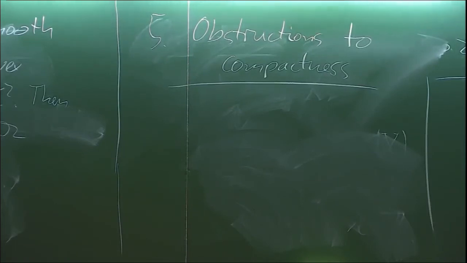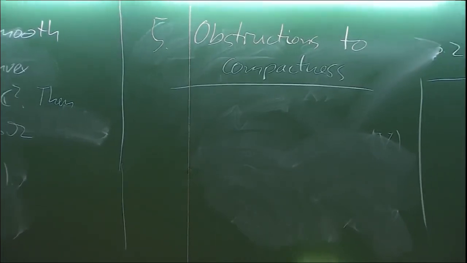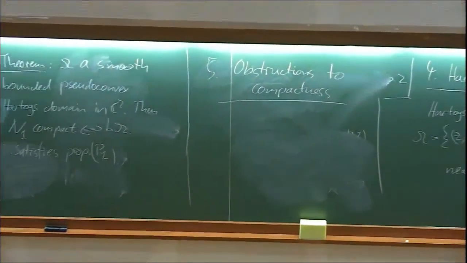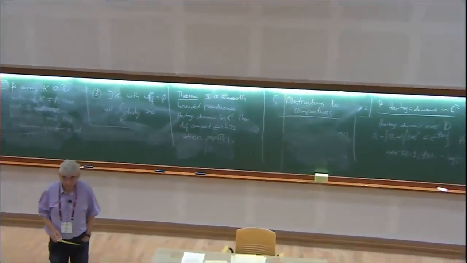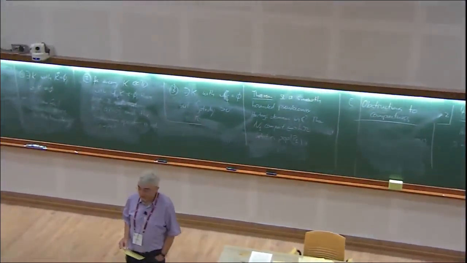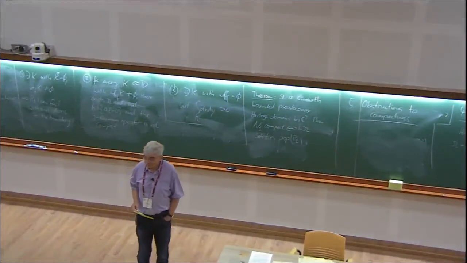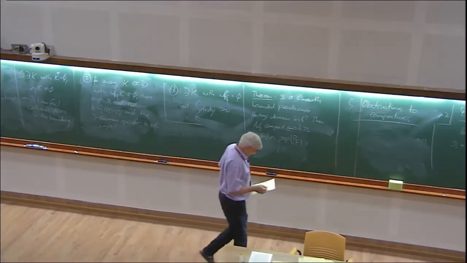Namely, if the domain is a convex domain, then compactness of NQ is equivalent to property PQ and is equivalent to the absence of Q-dimensional varieties from the boundary. Right, so PQ is the potential theory, compactness of NQ is the analysis, and the presence or absence of Q-dimensional varieties from the boundary, that's geometry, if you will. Okay.